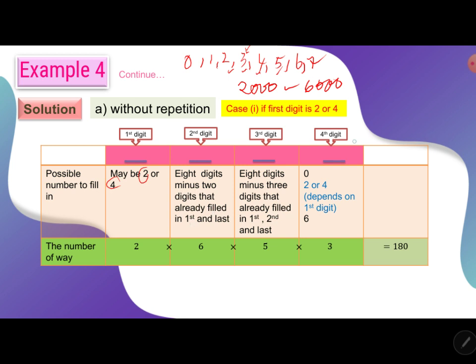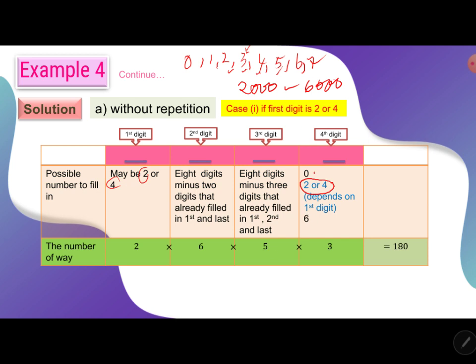So we choose the fourth digit first, because we have to make sure it's an even number. So we skip the second digit and go to the fourth digit. For the fourth digit, we can choose either 0, 2 or 4, but we cannot take both 2 and 4, because one of them will be on the first digit.